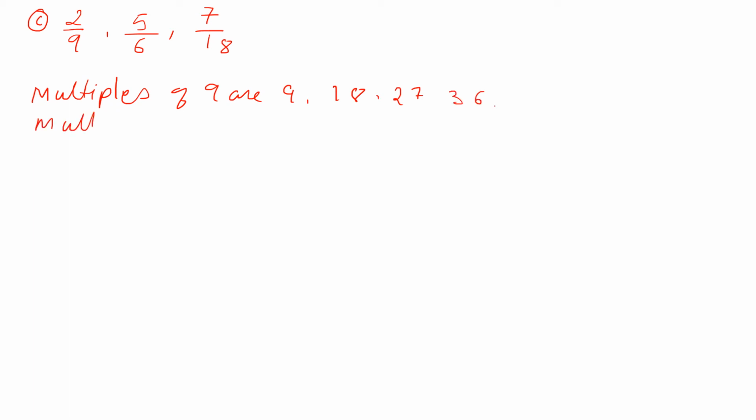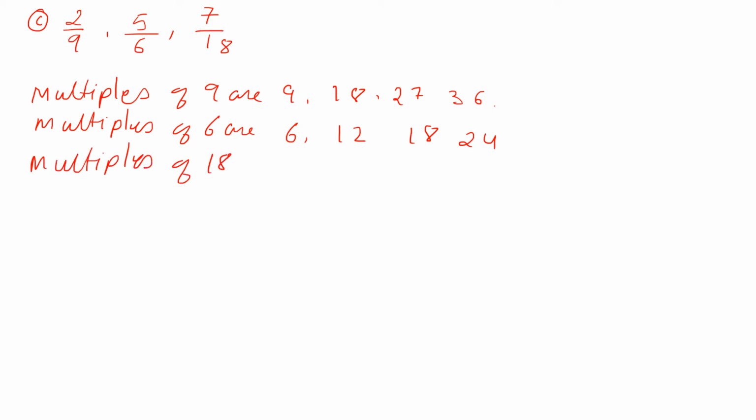Then multiples of 6 are 6, 12, 18, 24. Multiples of 18 are 18, 36, then 54. Okay, I'm writing up to this much.